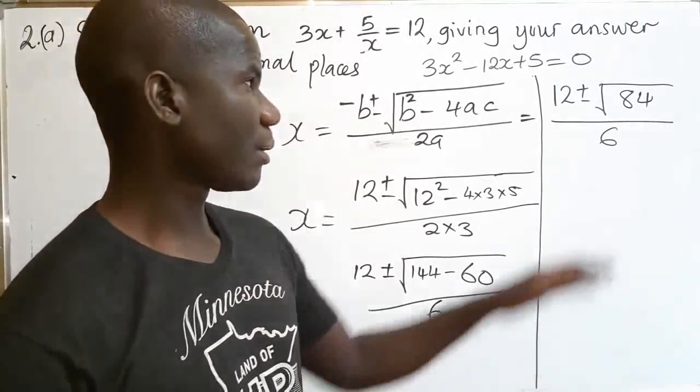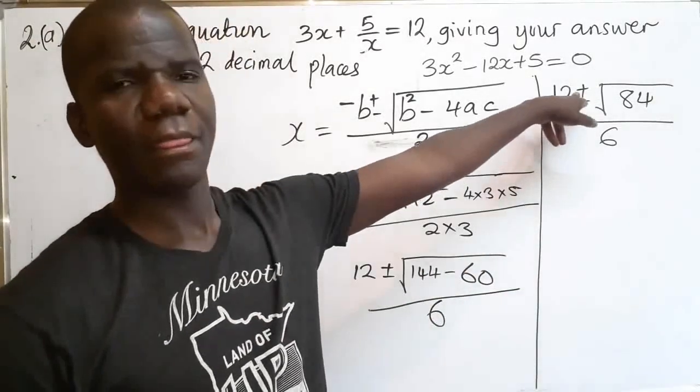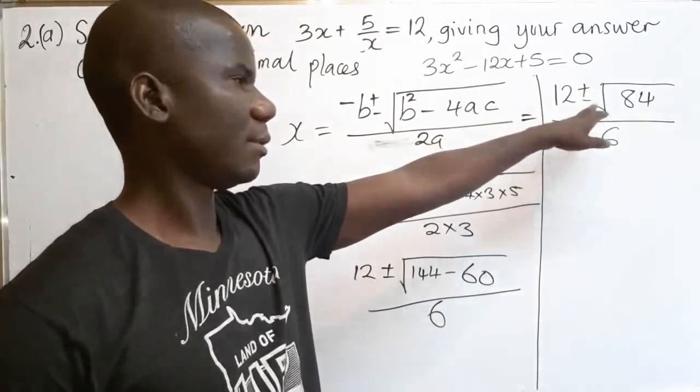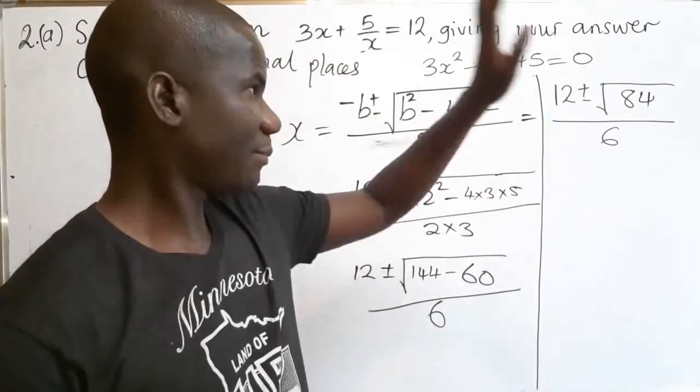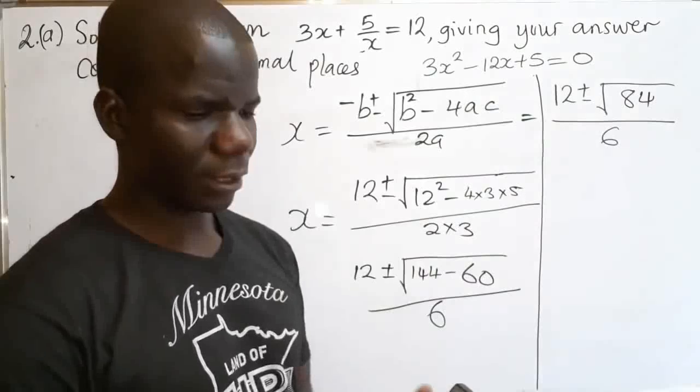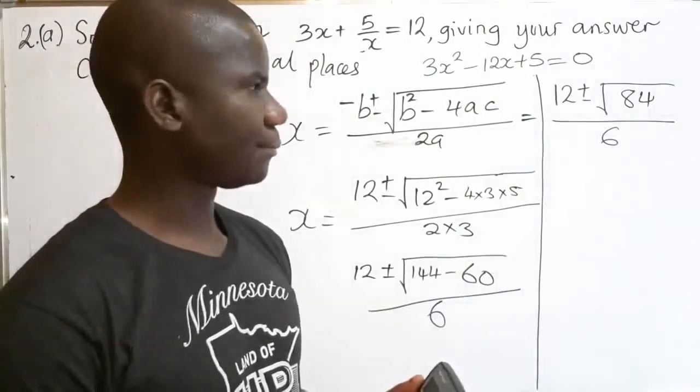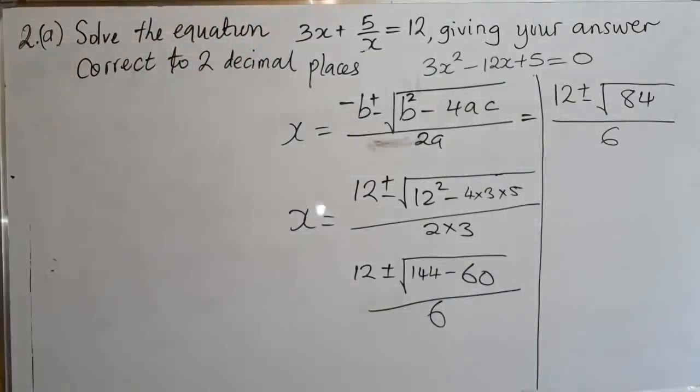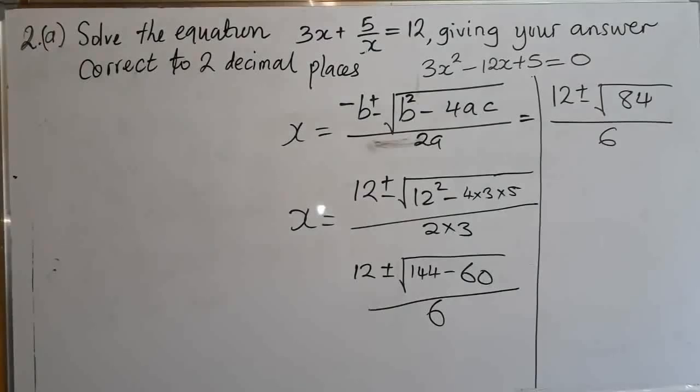One of the values is going to come from a plus, the other one from a minus. We start with 12 plus the square root of 84.